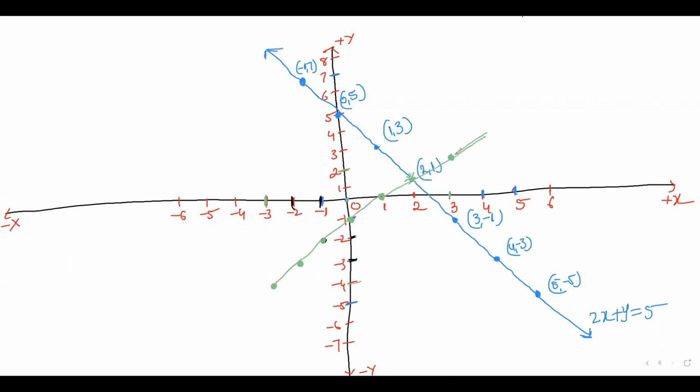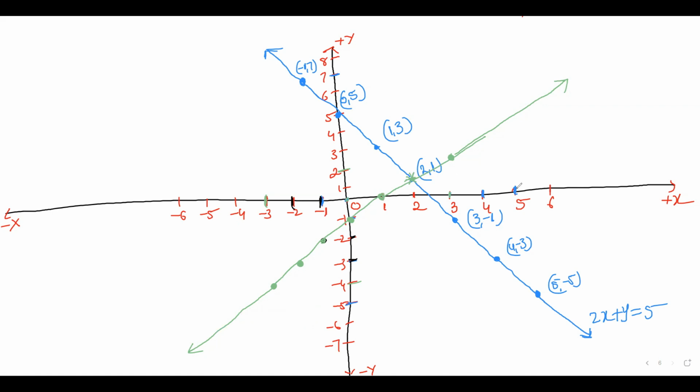You can extend this straight line. A straight line has no endpoints. So when you extend the straight line, minus 4 comma minus 5, minus 5 comma minus 6, the points which you have not taken will also be included.